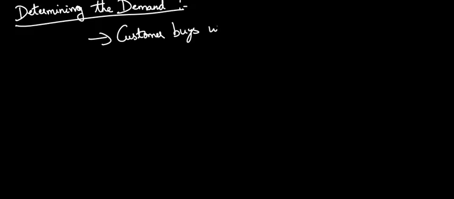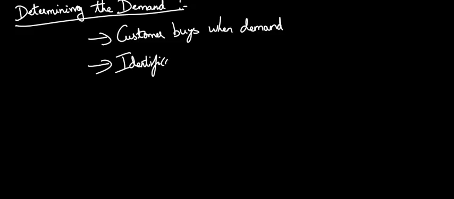When I talk about demand as the most important factor in pricing, one thing which you must keep in mind is the identification of objectives should pass on to the demand.